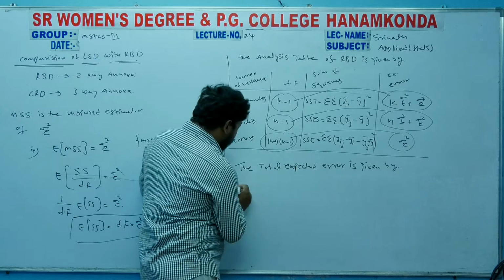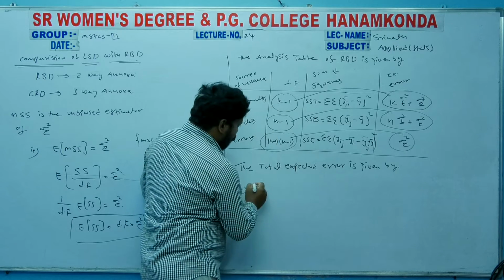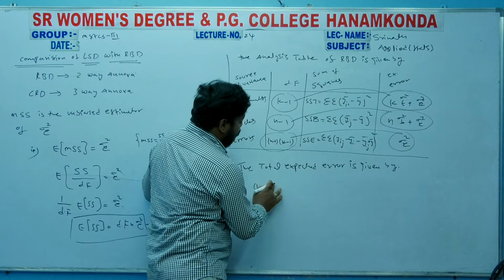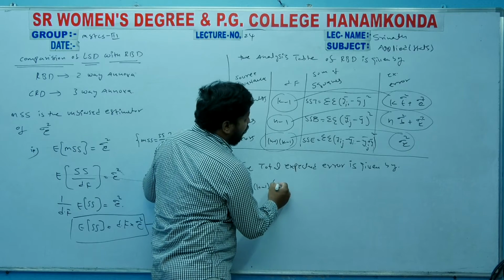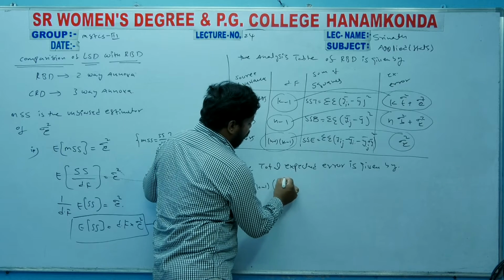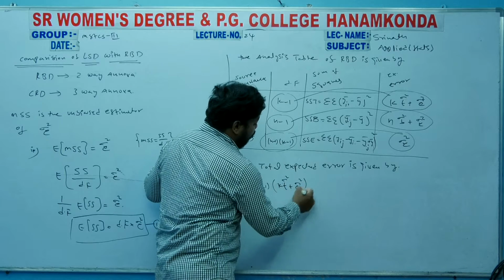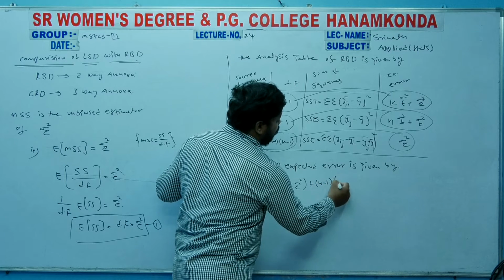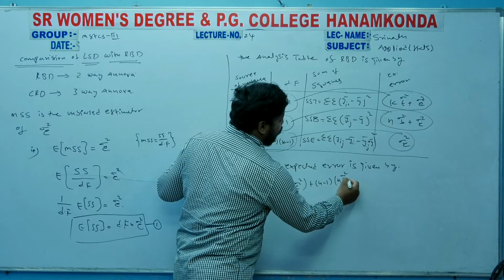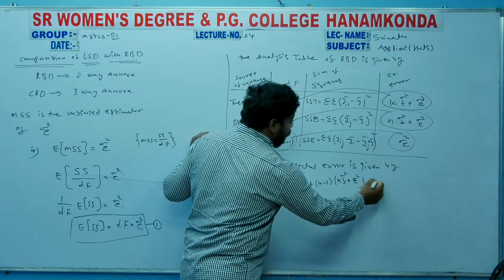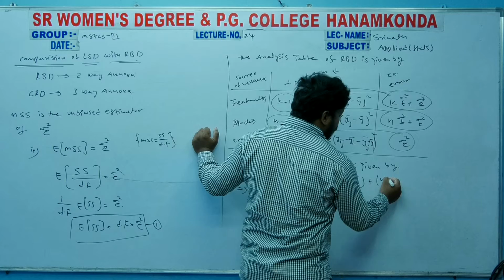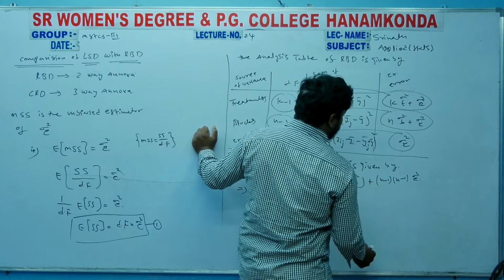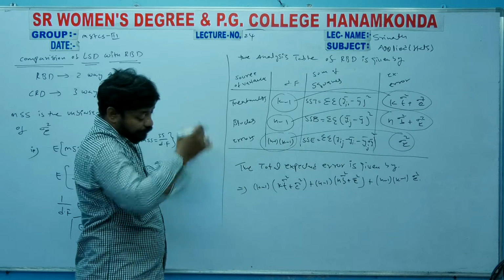So first we can write k minus 1 into k into variance of t plus variance of e, plus n minus 1 into variance of b and variance of e, plus n minus 1 into k minus 1 variance of e.